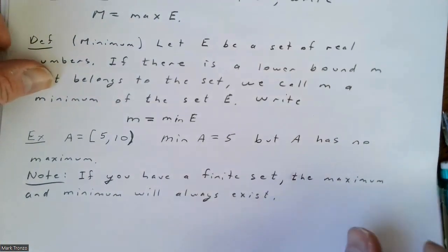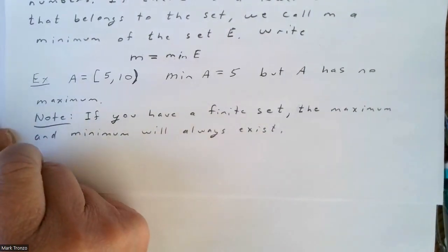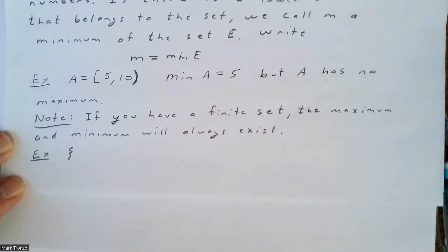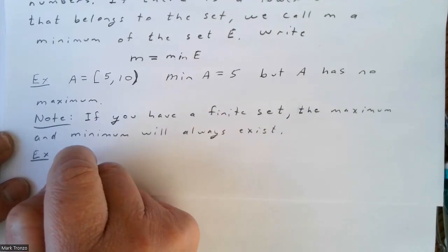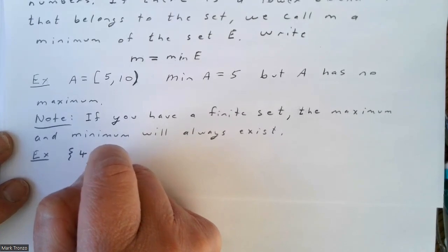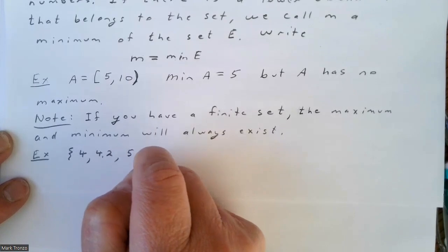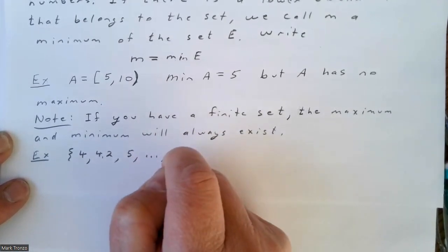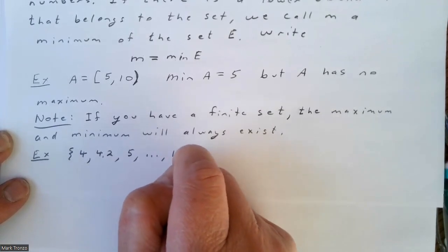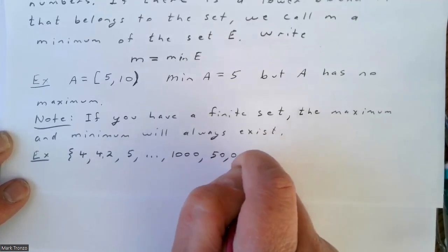Because if you have a finite set, it's going to have a finite number of elements. Let's say you're starting at 4, and you have 4.2, and maybe 5, and a bunch of others in between, and let's say 1,000 and maybe 50,000.